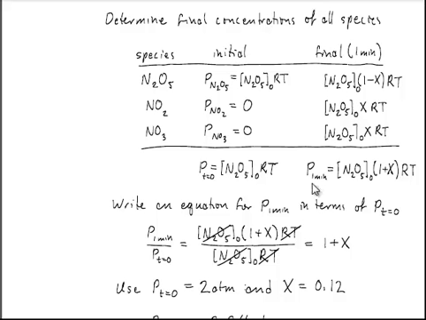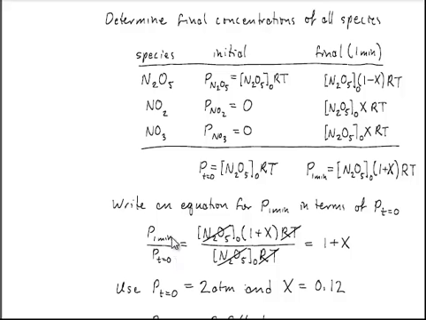The total pressure after 1 minute is going to change. It's going to be the concentration of nitrogen pentoxide times the gas constant times temperature plus a factor of 1 plus x to account for the fact that the number of moles is changing as this reaction occurs. So now we're going to write an equation for the pressure after 1 minute in terms of the pressure at the initial conditions.